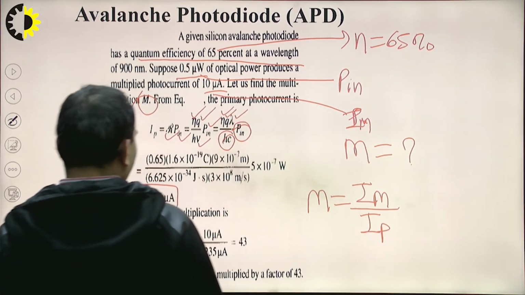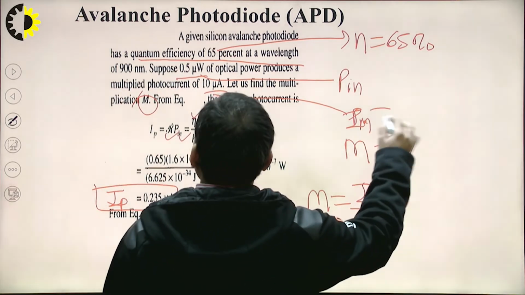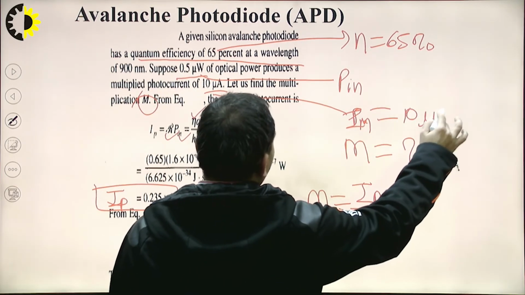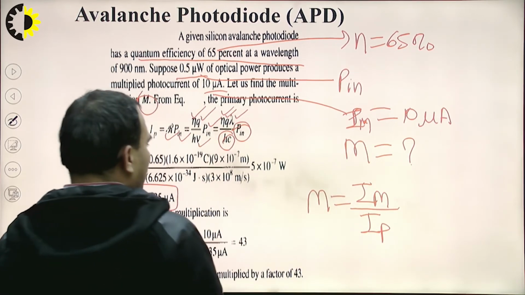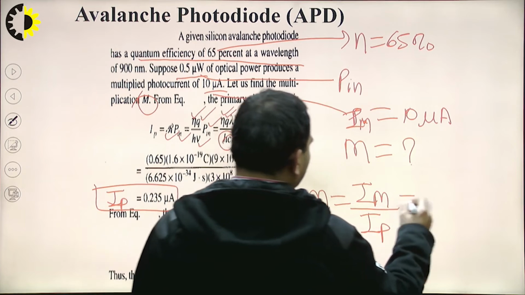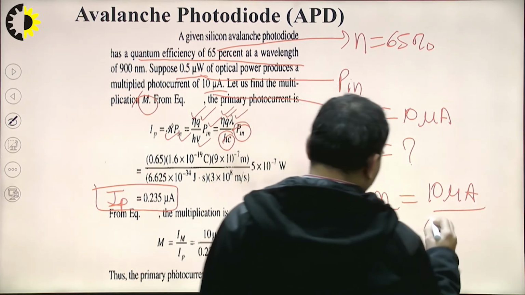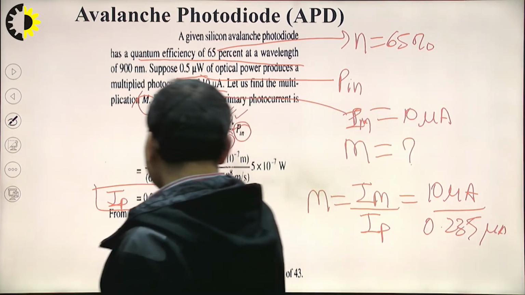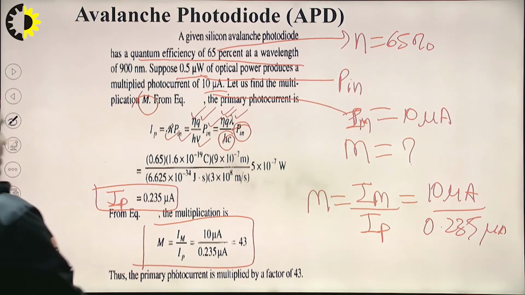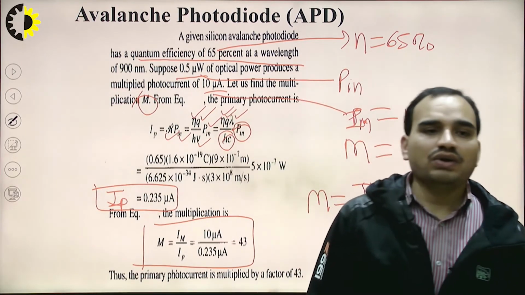So, the multiplied current is already given to us, that is 10 microamperes. So, 10 microamperes divided by the primary photocurrent we have calculated, 0.235 microamperes. So, we are getting a multiplication factor of 43. So, the primary photocurrent is multiplied by a factor of 43.